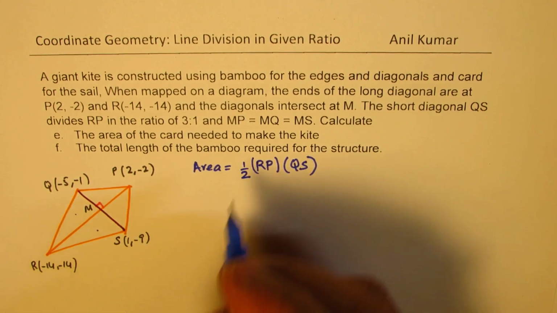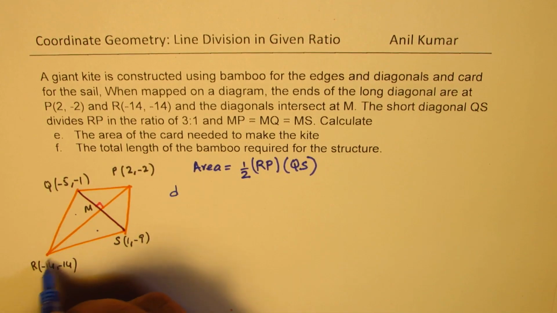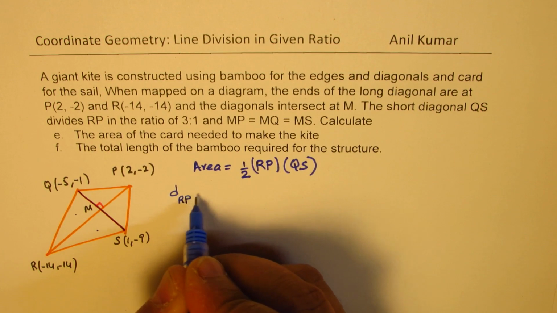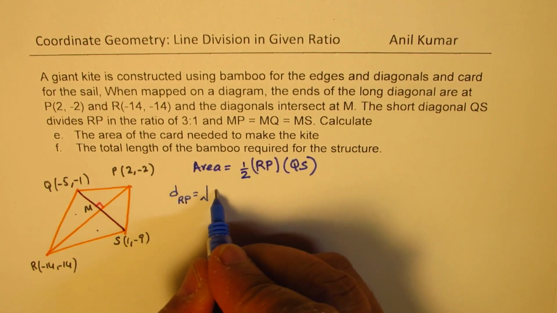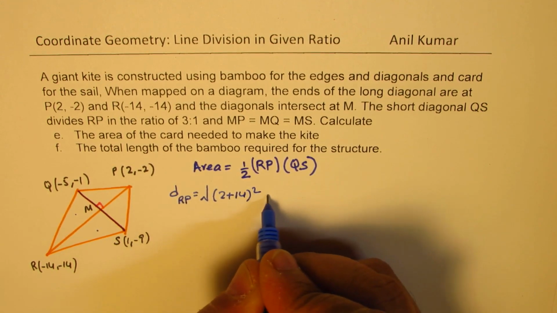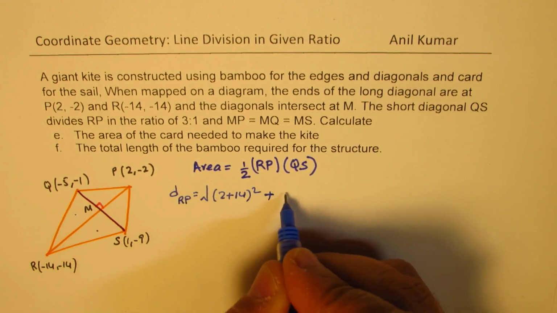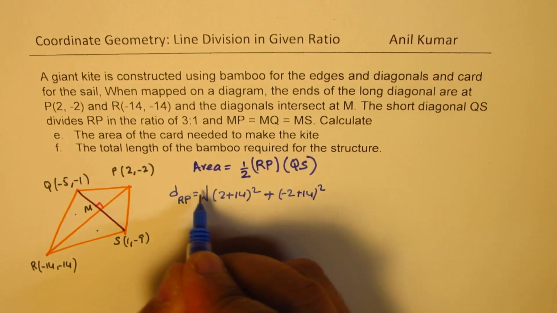So R to P. The distance from R to P is the square root of the x values' difference, which is 2 minus 14, squared, plus the y values' difference, minus 2 plus 14, whole squared.